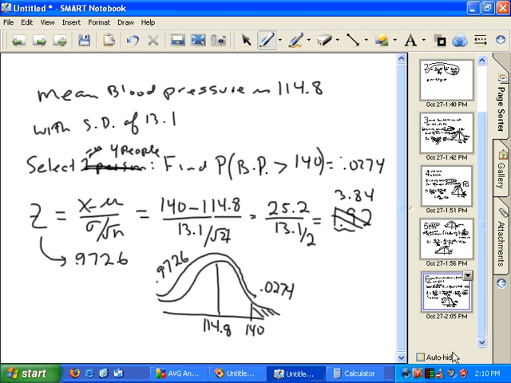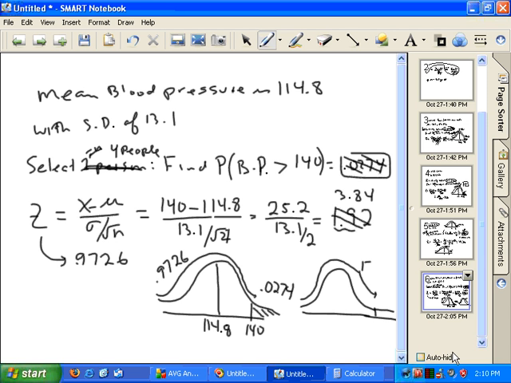Now, when you look at that number, 3.84 is no longer going to be 0.0274. If you want to go more than 3 standard deviations, it's going to be a little bit less than 1.